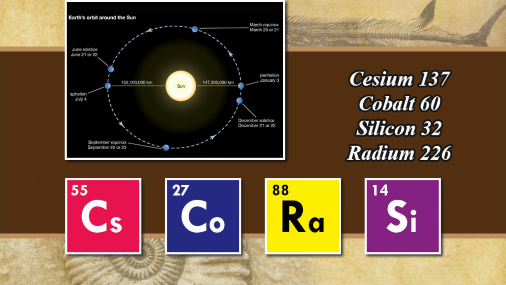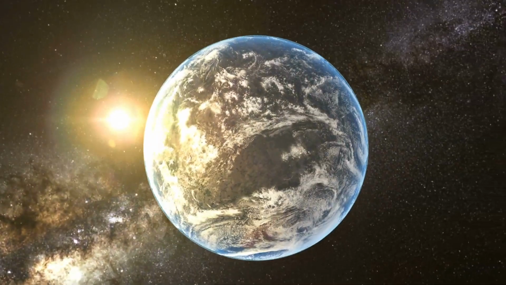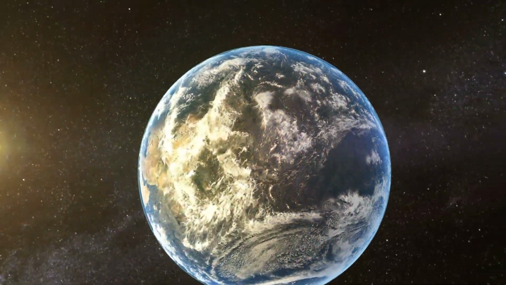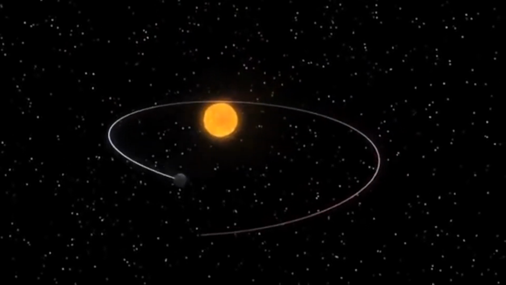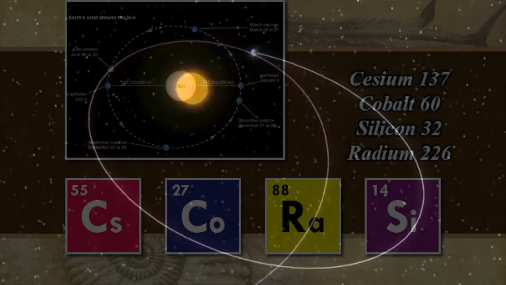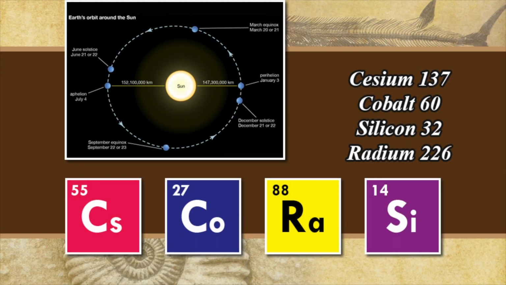These elements are cesium-137, cobalt-60, silicon-32, and radium-226. The rate at which these elements break down speeds up and slows down during the subtle changes as Earth orbits the Sun. Scientists find this baffling and they're conducting further research.